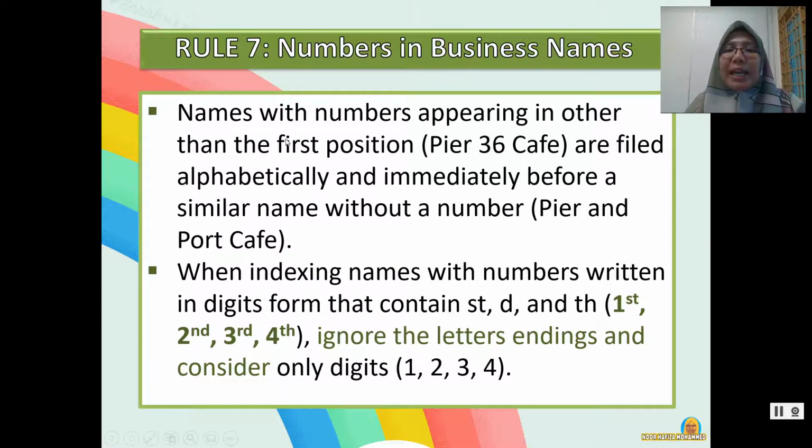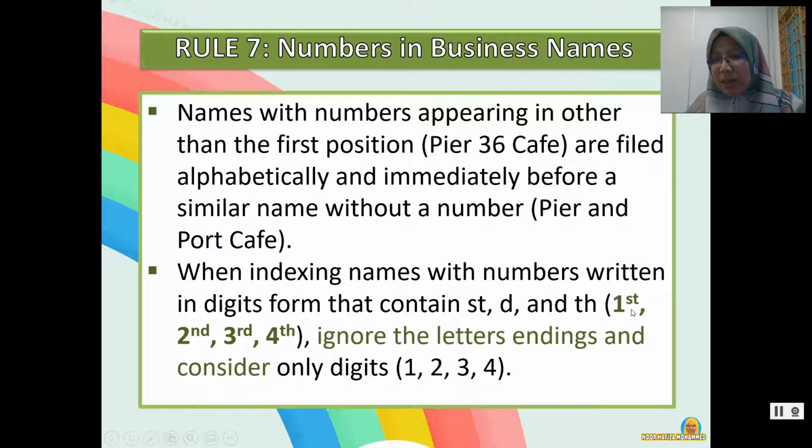Okay, names with numbers appearing in other than the first position are filed alphabetically. For example, when you have a number in the middle of the business name, it is indexed as written. No need to arrange this one in ascending order. What happens when you have a number written in digits containing ST, which is first, and fourth?